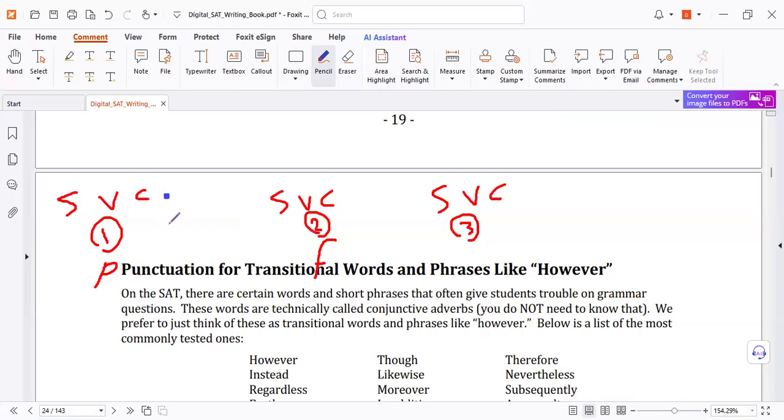So you need a full stop, a semicolon before, or a colon, or a dash, any clear punctuation, and then the transition word, and then a comma at the beginning. In the middle, you will find it like that: subject, for example, transition word, comma, verb, complement.